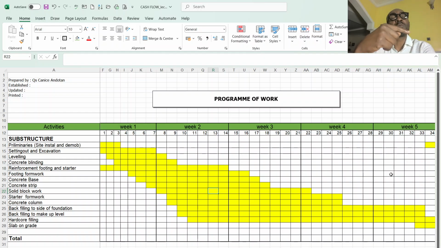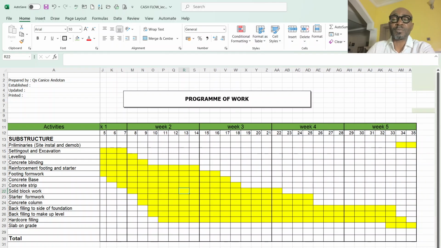As you can see on my screen, I have a planning that I have done for some activities which are basically under the substructure. These activities are what is expected of me to carry out for the next 5 weeks, which is 35 days.